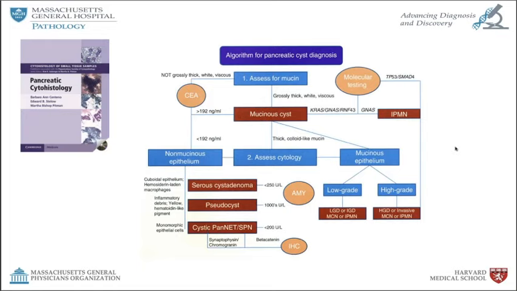So that's the only place I would recommend liquid based, because otherwise dumping fluid, like I showed you in the syringe, into preservative or CytoRich Red or RPMI, one, it ruins the specimen for CEA and amylase. You can't do it on that.